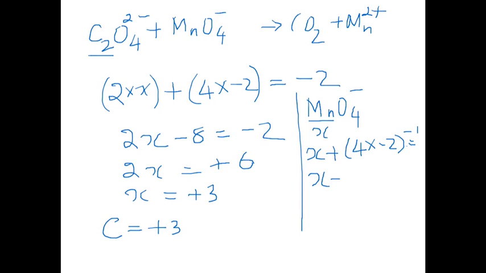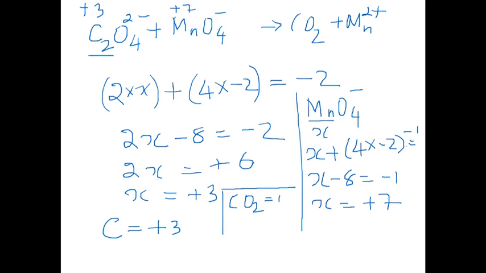So X minus 8 is equal to -1. X is equal to plus 7. So we have the oxidation number of carbon plus 3, manganese plus 7.